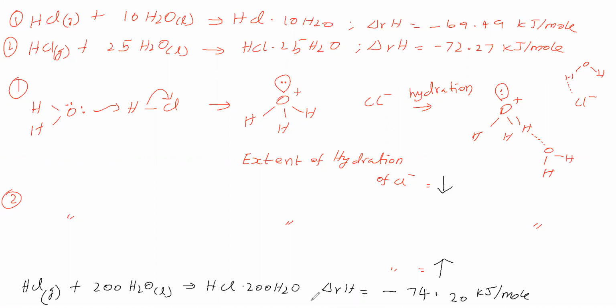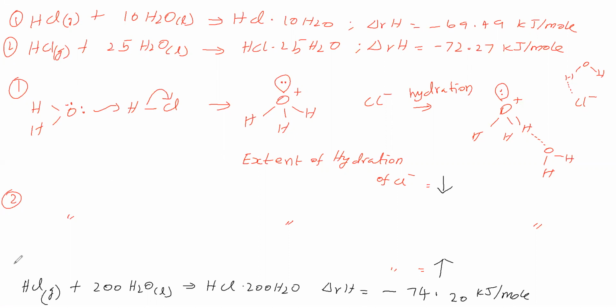Now, if we go on adding water, how do we go from the first case with 10 moles of water to the second case? Add 15 moles of water to the first case, and you will get the second case.